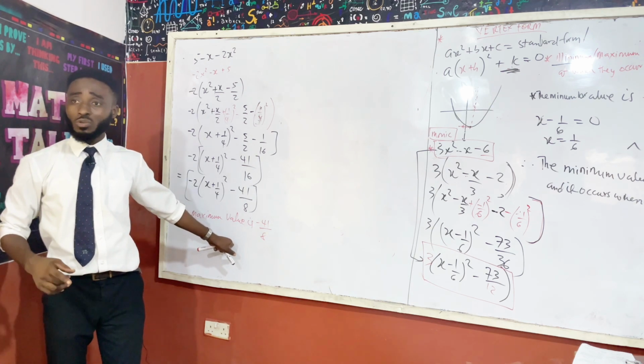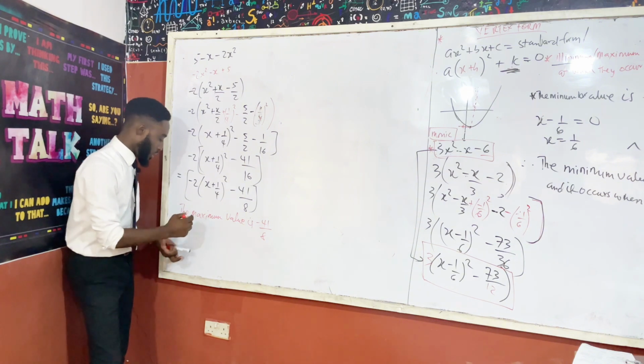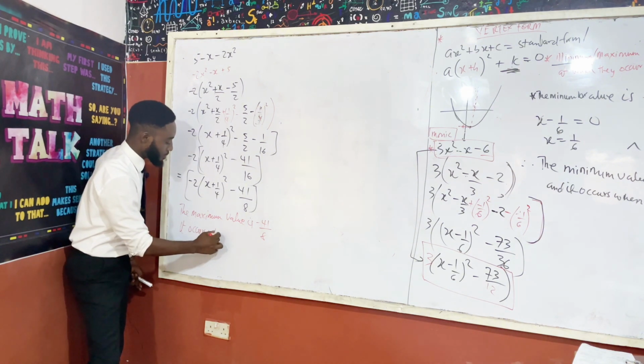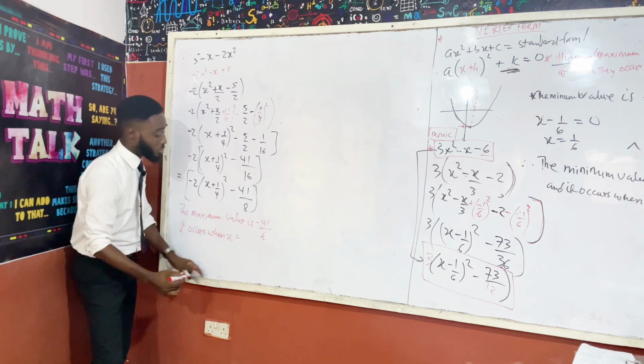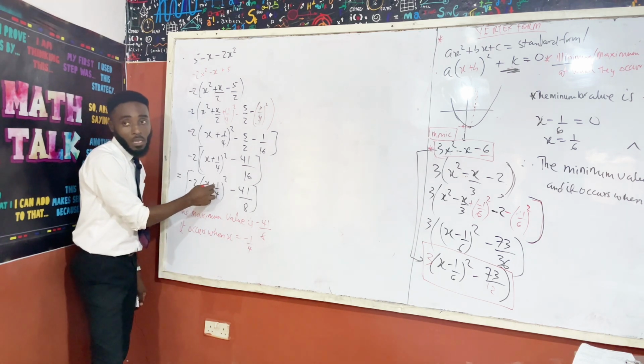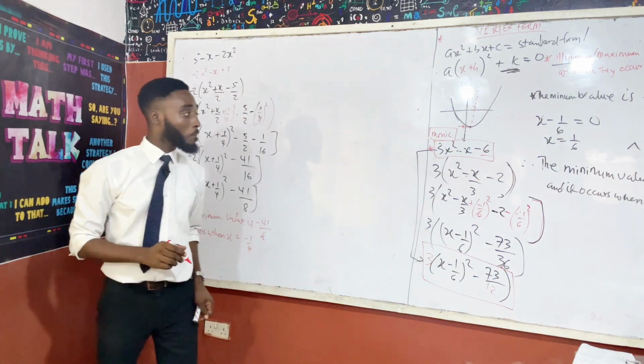It occurs when x is equal to minus 1 over 4. You negate the value here. Is that okay? So let's check it out on the graph and see something.